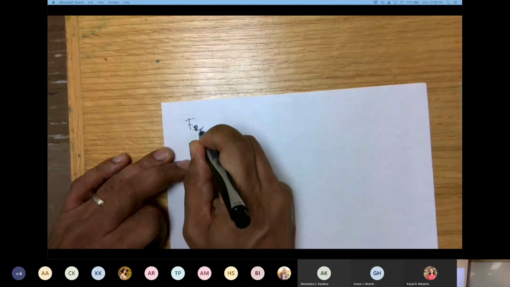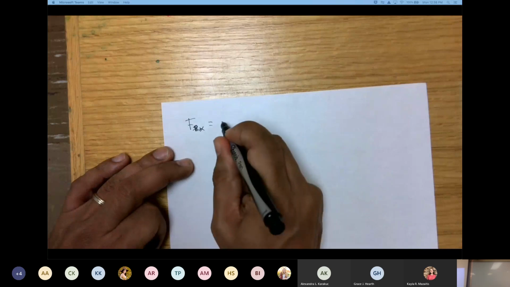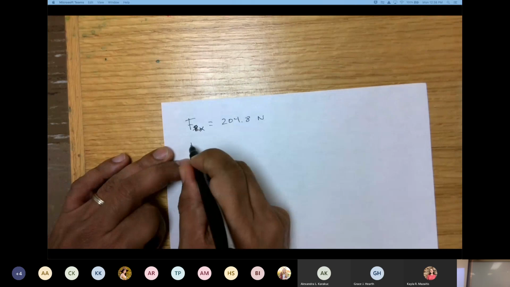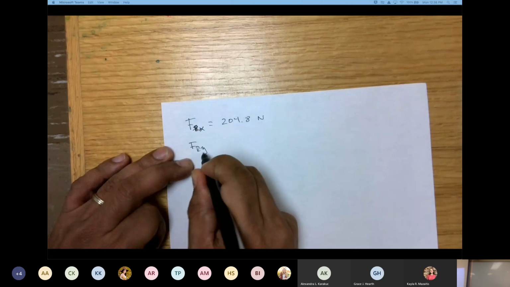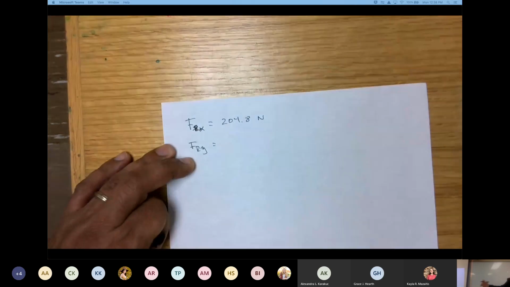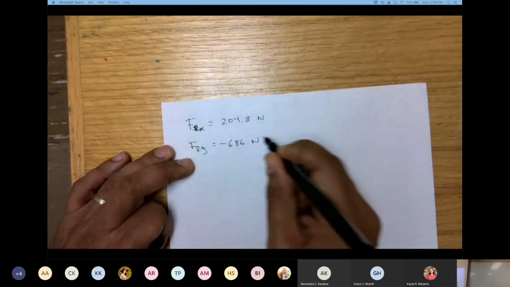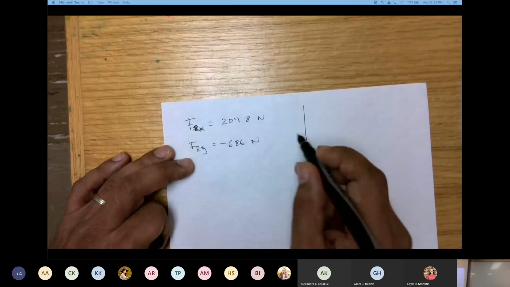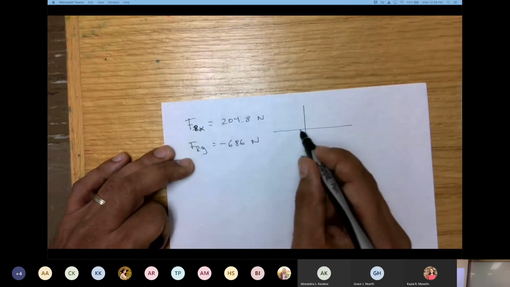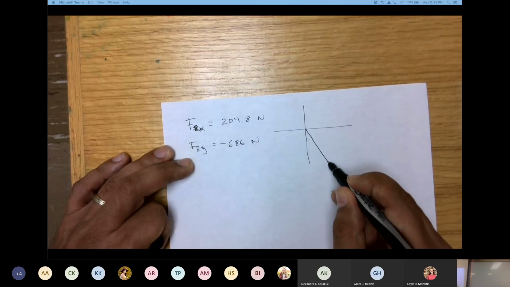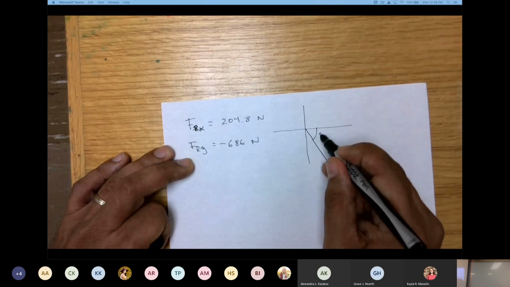The x component that we said was 204.8 newtons, and the y component, which is negative 686 newtons. So if we draw this vector, it's going to be something like this. And we want to find out this angle over here.